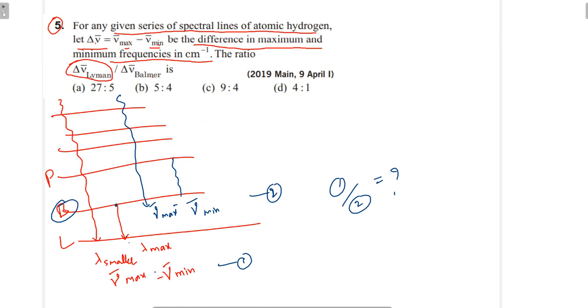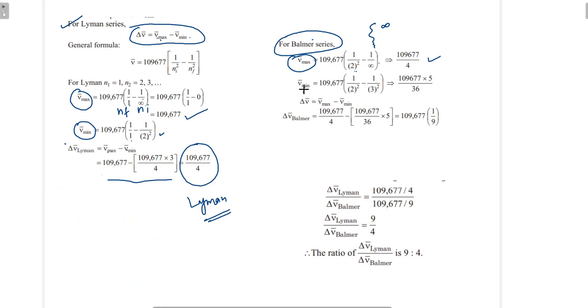This is n equal to 1, n equal to 2, n equal to 3. 3 से 2 में आ रहा है. Balmer series में nu bar minimum is 3 to 2. 3 is the initial, 2 is the final. Then again you will get one value.